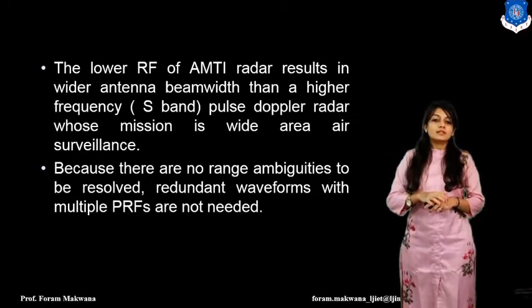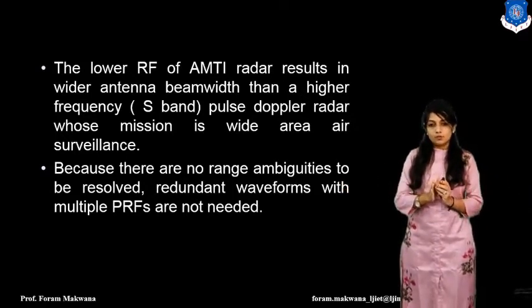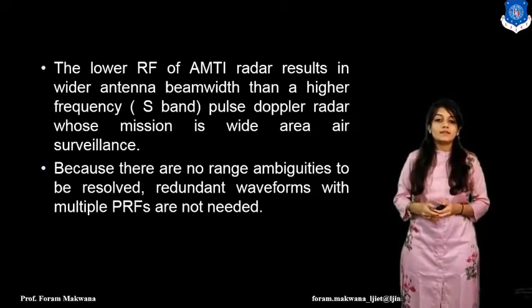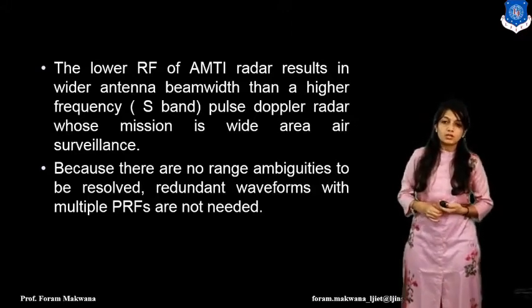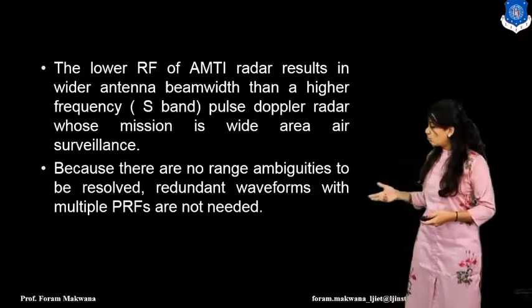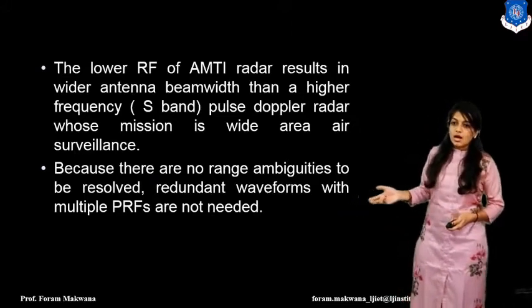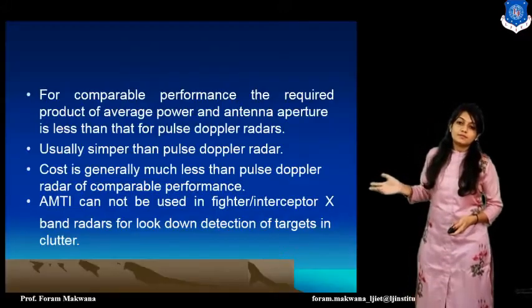As the beamwidth is broad, directivity is narrow. That means directivity is very less, because both are inversely proportional. So there is no range ambiguity to be resolved, because there is a redundant waveform with multiple PRFs.